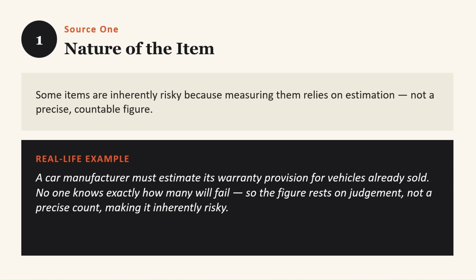Think about a car manufacturer that has to estimate its warranty provision for all the vehicles it's already sold. Nobody can say with certainty how many of these vehicles will fail and need warranty repairs. So that figure has to rest on judgment rather than a precise count. And that's exactly what makes it inherently risky.